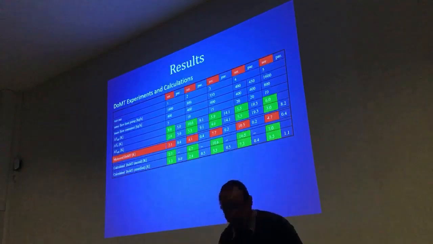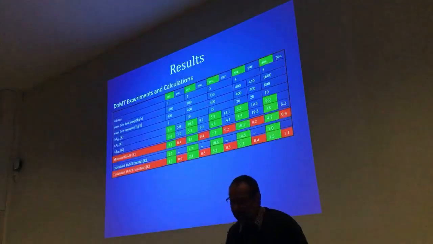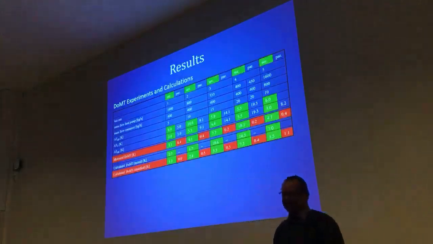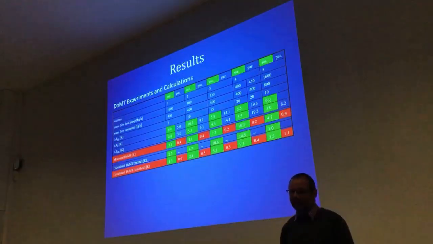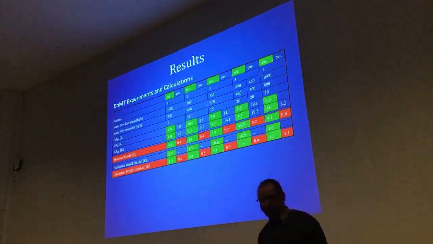Now we compared our measured with our calculated results. In case of parallel tank integration, the measured drop of mean temperature fit very well with the calculated drop of mean temperature, so that's almost perfect.